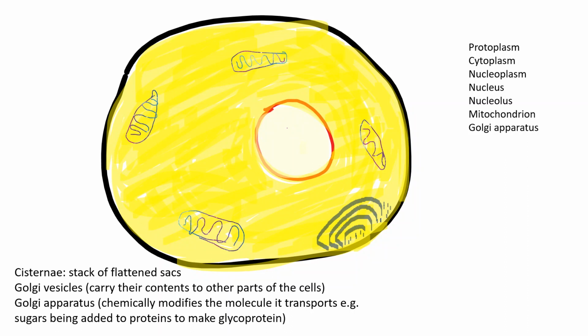These sacs are called cisternae, and since they are continuously forming and separating, the vesicles are produced, and these are called Golgi vesicles. The Golgi vesicles have the function to carry their contents to other parts of the cell. The cistern and the vesicles together are called the Golgi apparatus.